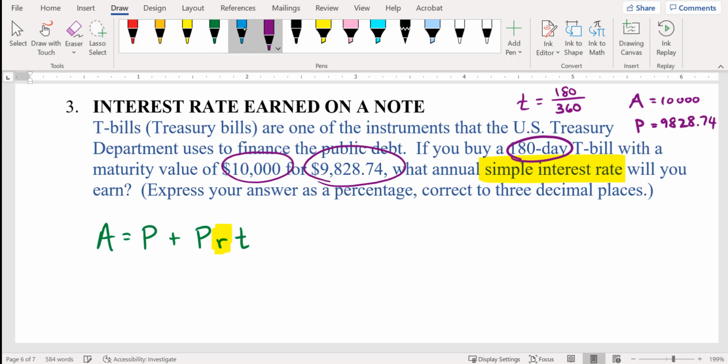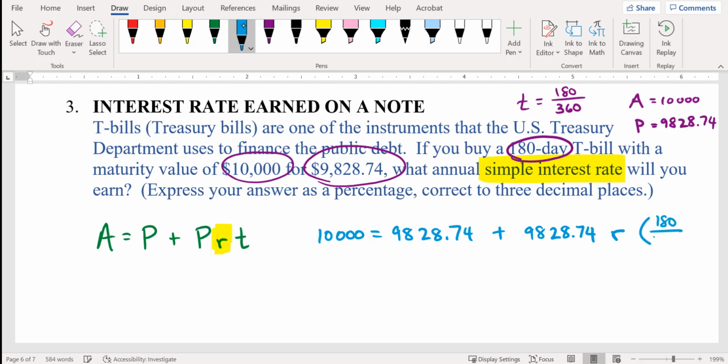Okay, let's go plug in what I know. 10,000 equals 9828.74 plus 9828.74 times R times 180 over 360. Okay, I need to subtract 9828.74 from both sides.